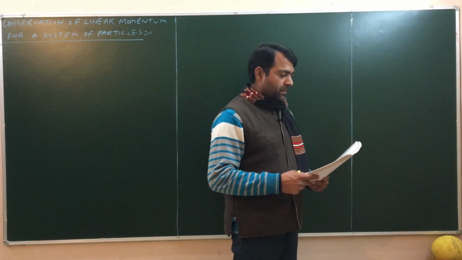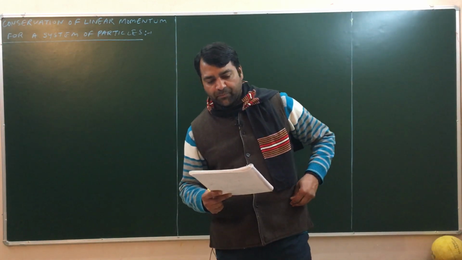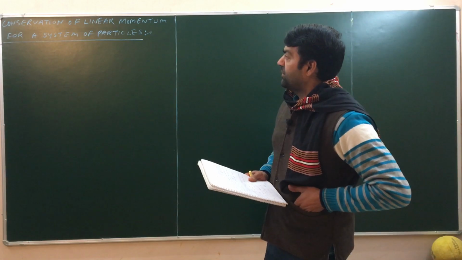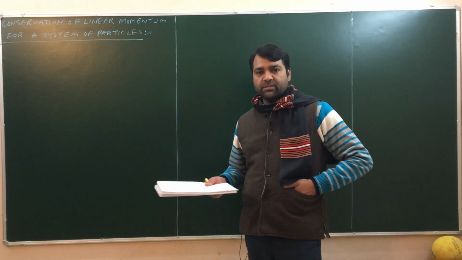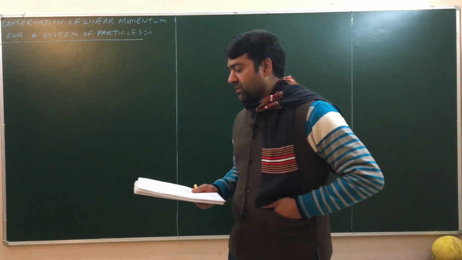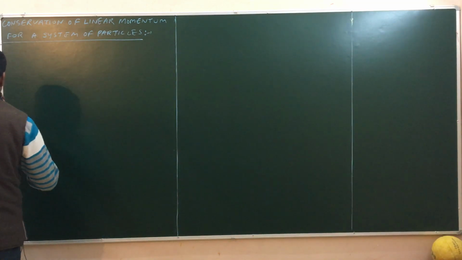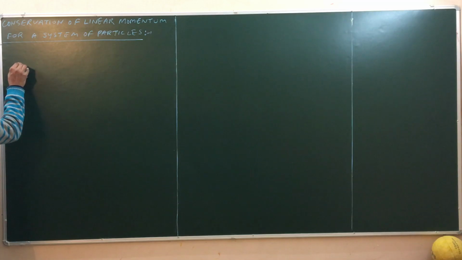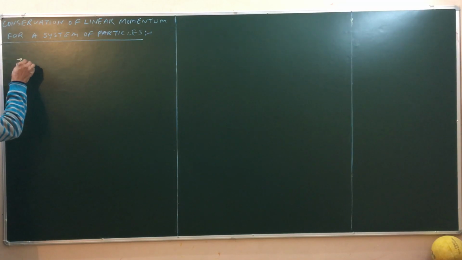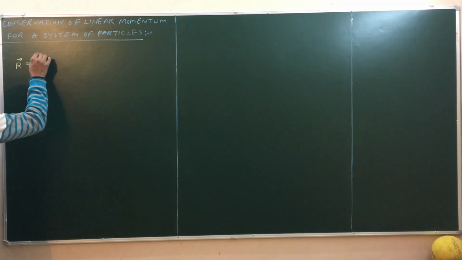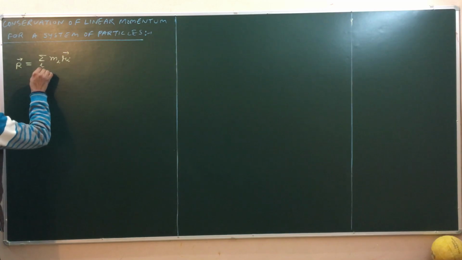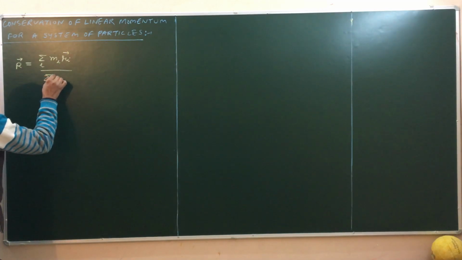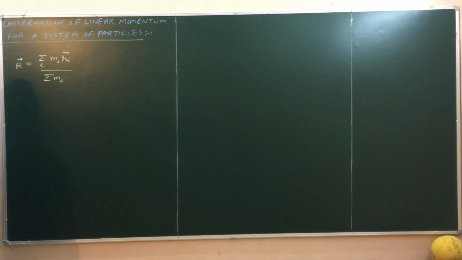Good evening everyone. Our next topic is conservation of linear momentum for a system of particles. Dear student, in the previous lecture we came across an equation for the vector r, and we defined r as summation over i of mi ri vector upon sigma mi.